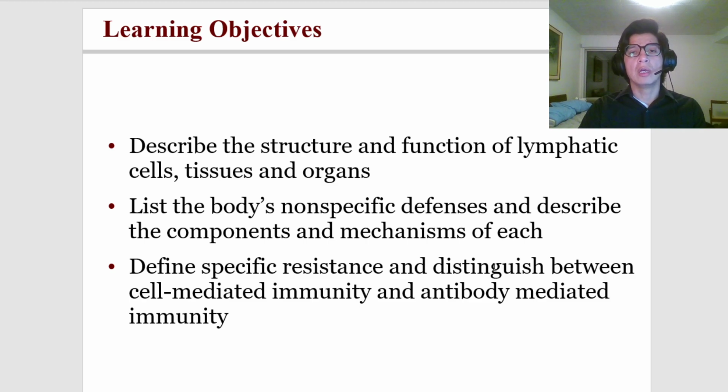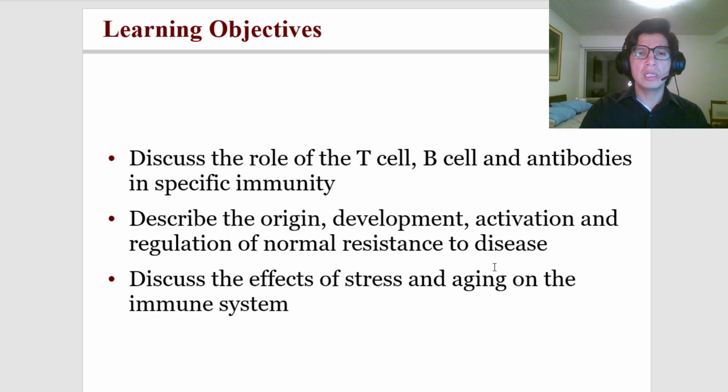We're going to talk about non-specific and specific components of the lymphatic system. Whenever we talk about the specific components, we're going to talk about cell-mediated and antibody-mediated immunity.